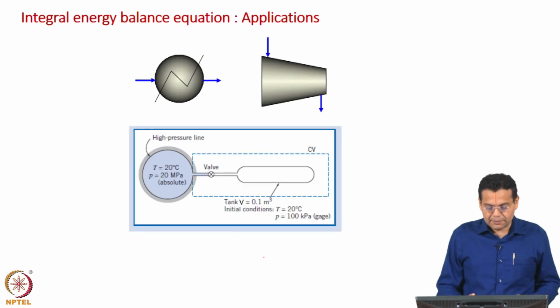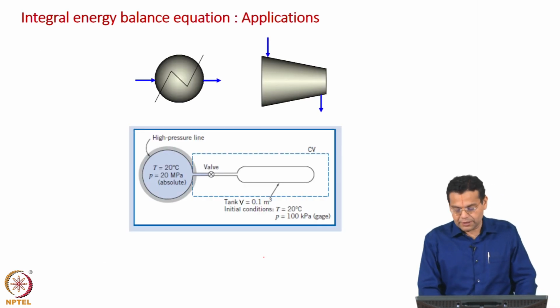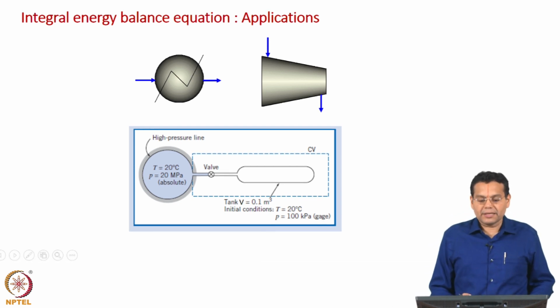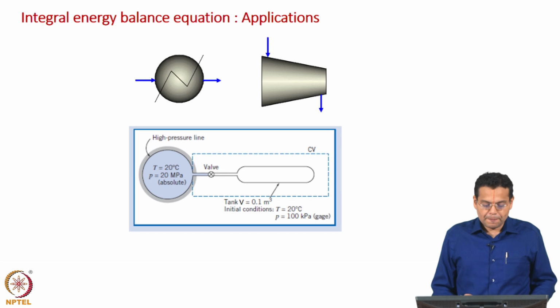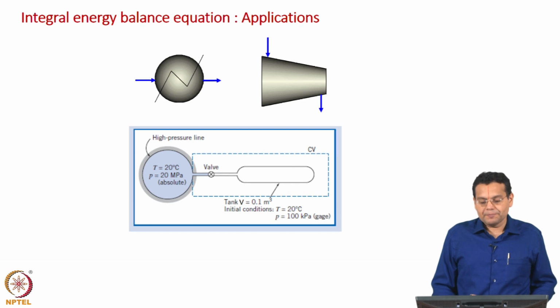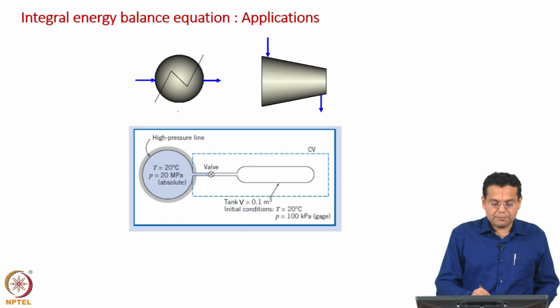Now, what are the applications which we will be able to solve at the end of integral energy balance equation? Few applications are shown here, which we will discuss. First is finding out heat to be supplied. Suppose you have a gas to be heated from some temperature to some other temperature, what is the heat to be supplied? Simple heater.